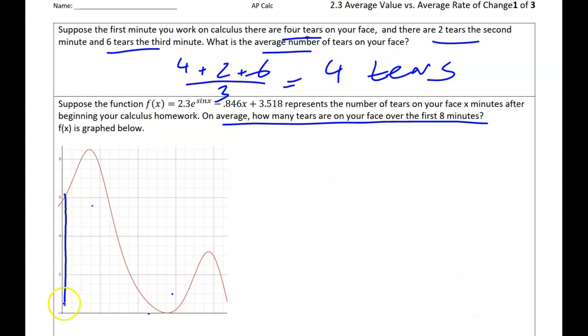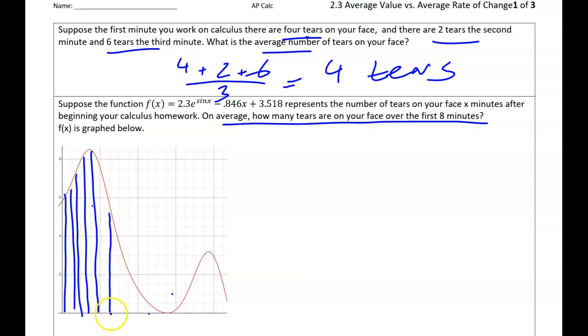It's like every x value to take an average, I'd have to add them all up, and then divide by the number of values that we have. Well, the problem is that if it's a continuous function, there's an infinite number of x values to add up.